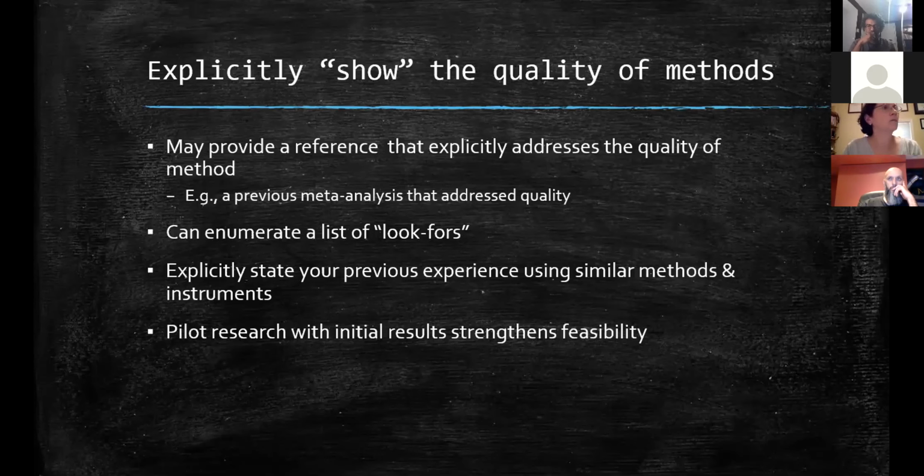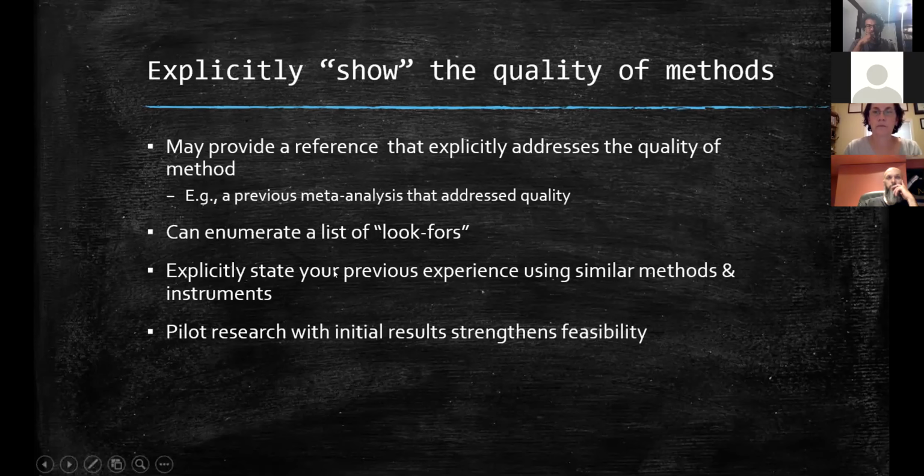Or if you have a book chapter or a journal article that lists the look-fors that are appropriate to your research method, if you can cite those and quote those and then say those are built into these studies, that's something that can be helpful.